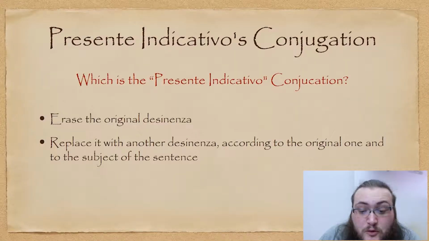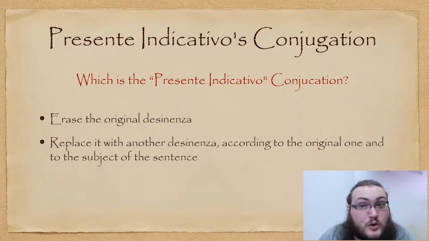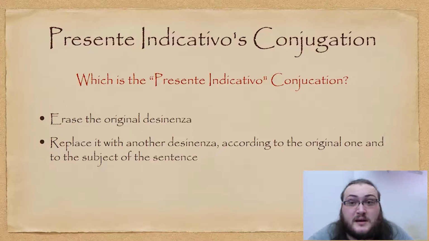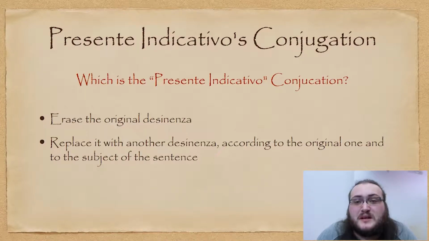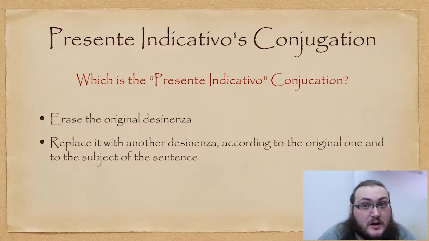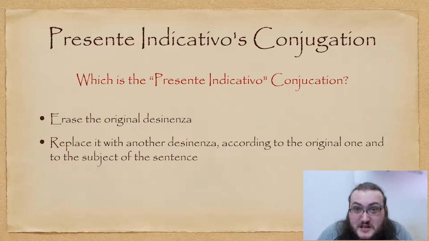We talked about the presente indicativo conjugations. Which is the presente indicativo conjugation? It is given to us following a specific table. This table crosses the subject and the original desinenza of the verb to give us a new desinenza that we have to replace.